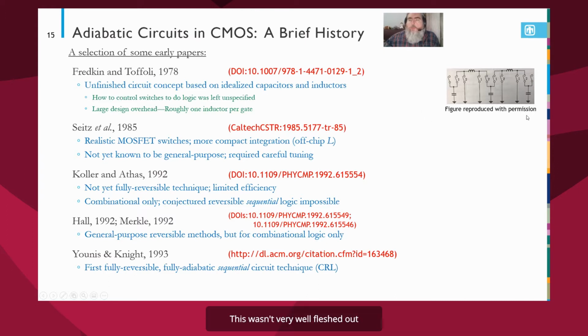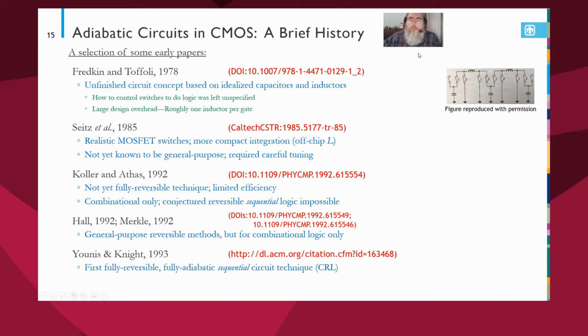This wasn't very well fleshed out, and so there were additional developments over roughly the next 15 years, until Saed Younis and Tom Knight in 1993 described their charge recovery logic circuit technique, which was the first fully adiabatic approach to general sequential digital logic, including pipelining.